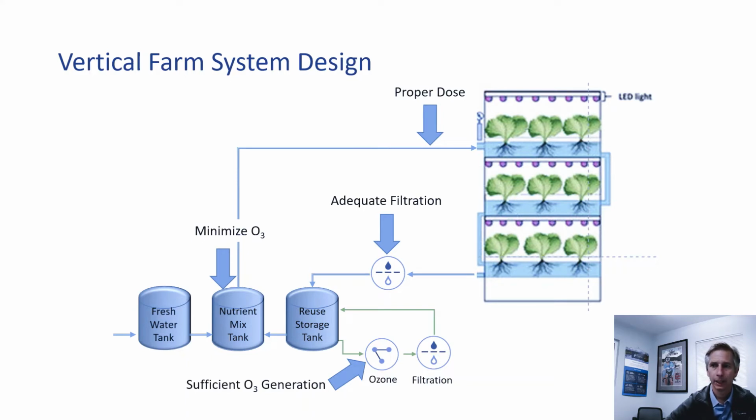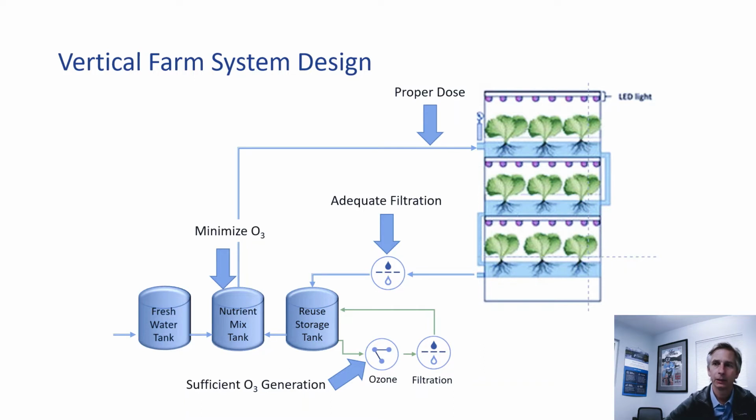So that leaves the customer with clean, disinfected irrigation water for reuse. They'll take that back to the nutrient mix tank. There they will complement the nutrients that are still in the water, top it off, bring that profile back to what they're looking for, and send it back to the farm.